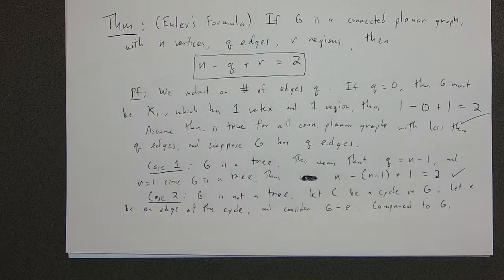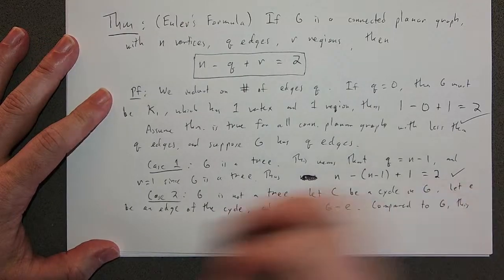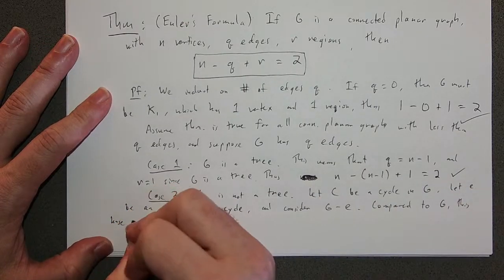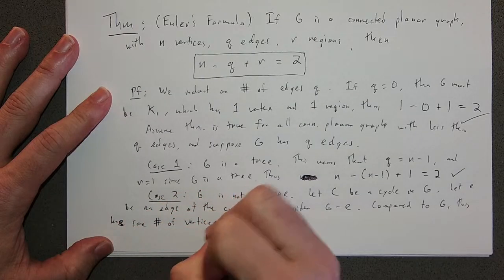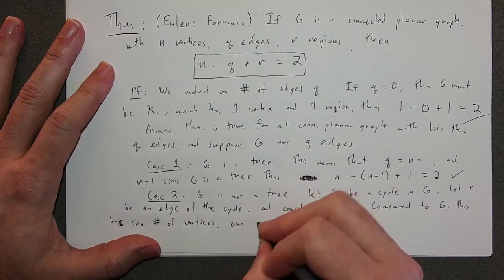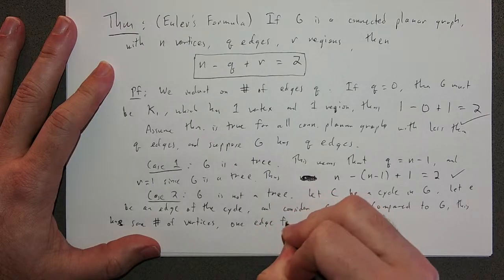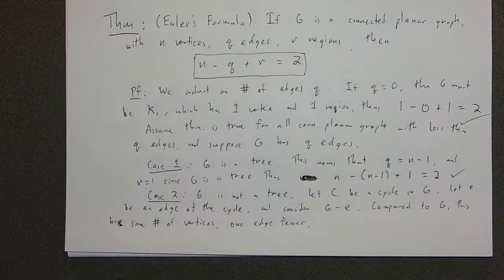So I've deleted a single edge, I haven't removed any vertices, so this should have the same number of vertices as G. It has one edge fewer, obviously, because I took away the edge E.